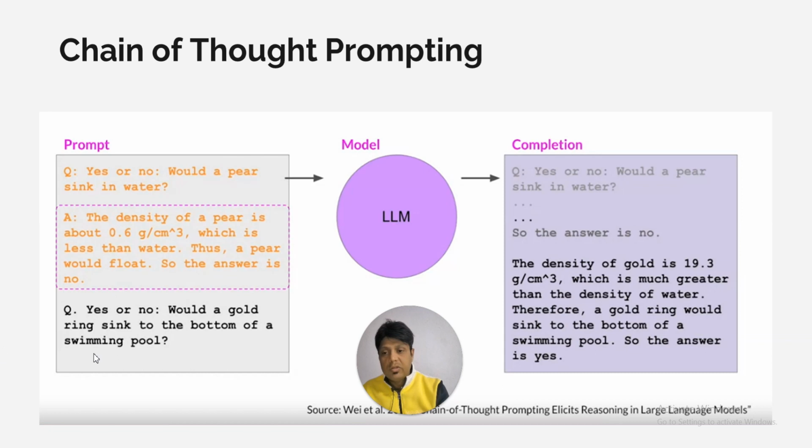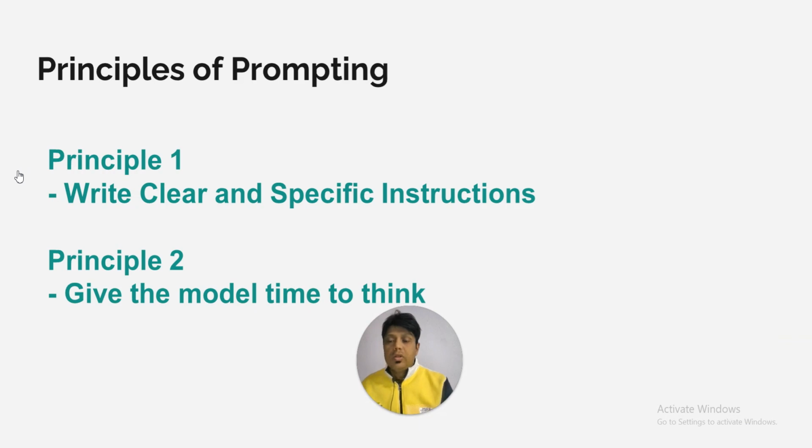Once you give the logic, the model will also apply the same logic. So now if you give another question, yes or no, would a gold ring sink to the bottom of a swimming pool? Now it will apply the same logic. It will think that the density of gold is this much, which is much greater than the density of water. Therefore, a gold ring would sink to the bottom of a swimming pool. So the answer is yes. So this is known as chain of thought prompting, where you actually give the reason, the logic, your actual thought process in a step-by-step manner.